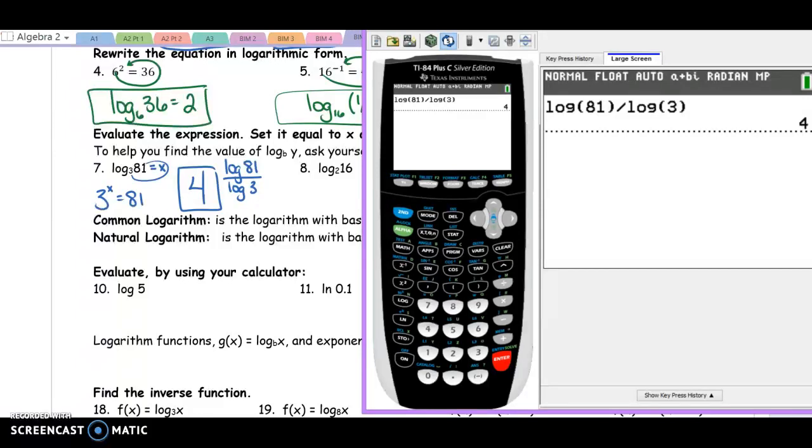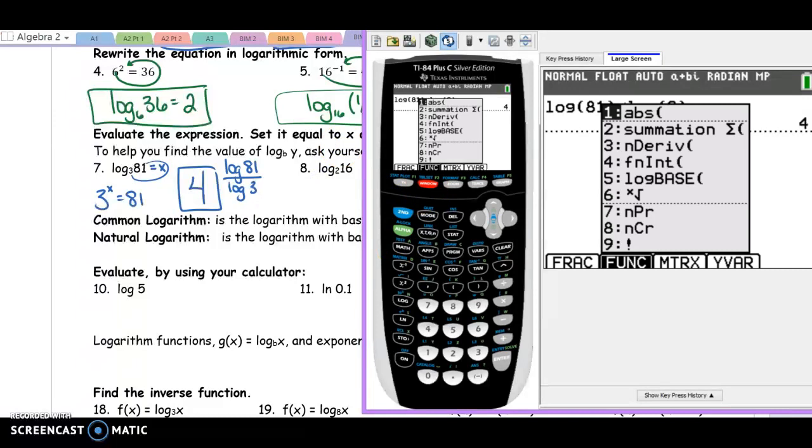Now, if you happen to have one of these fancy TI-84 Plus Cs, there's a little feature that didn't exist when I was in high school. Push your alpha button and then the window button, which is right next to y equals. When you push alpha y equals, this fancy menu pops up, and look at option 5.